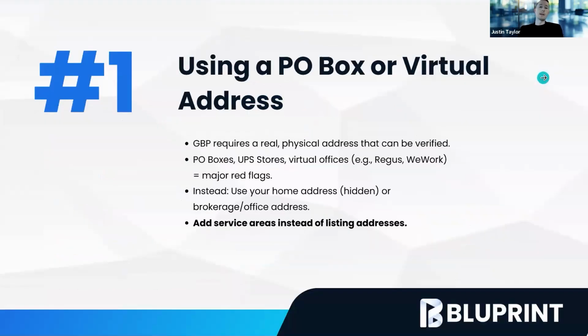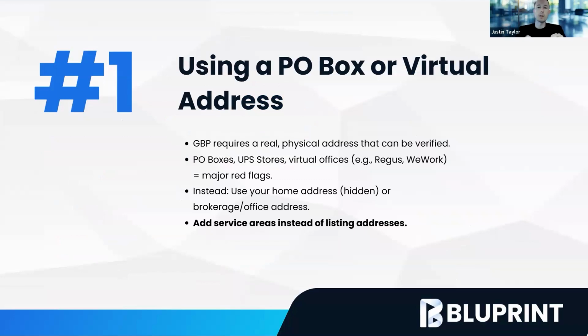So the first one is going to be using a PO box or virtual address. Sometimes adding a physical address is not a bad thing, but you want to make sure that you at least have those service areas in there.